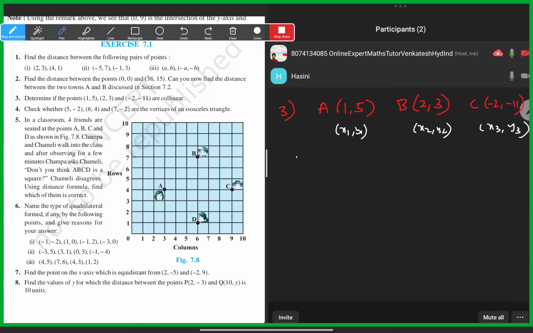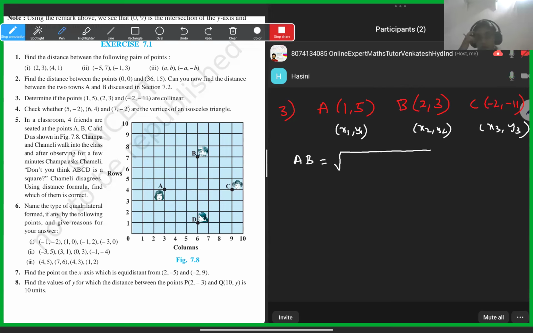Now I am doing the AB distance. We have to apply the distance formula, imagining this as x1 y1 and this as x2 y2. So I'm writing the distance formula, Hasni. Quickly tell directly without the formula, because we have used it for the before two sums. So these two, if you apply it, what will it become?